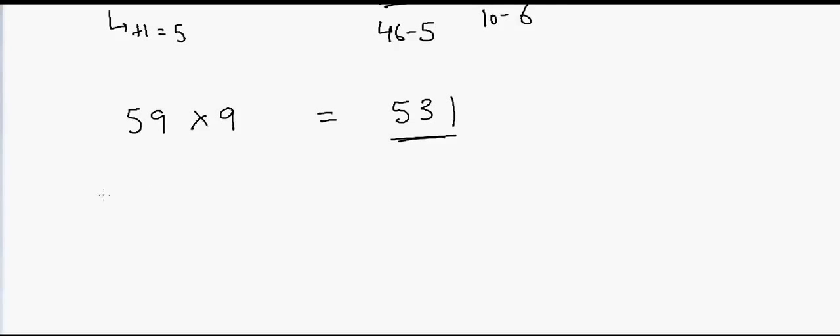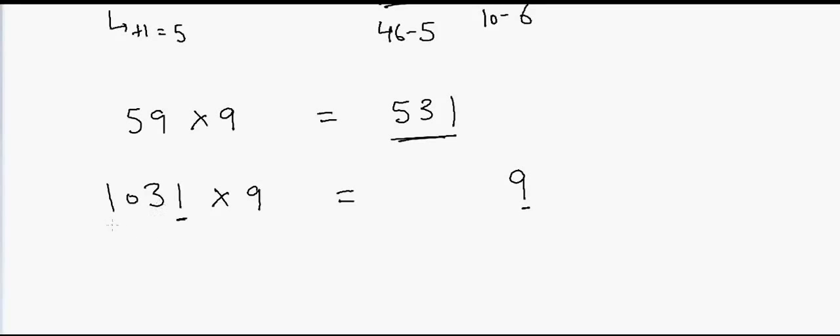Now this formula will also apply for very large numbers. So suppose I have 1031 and I want to multiply by 9, right? So let's see. First I'll take the 1. 10 minus 1 is 9, so the last digit would be 9.